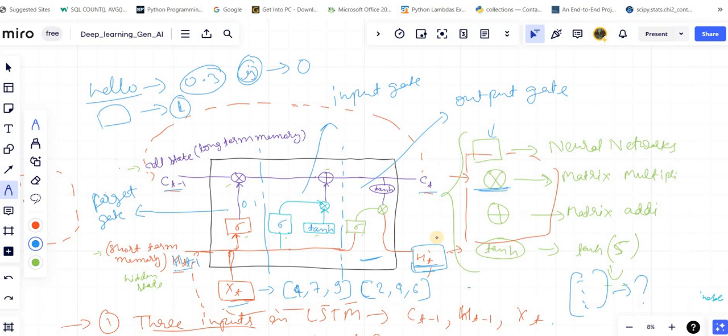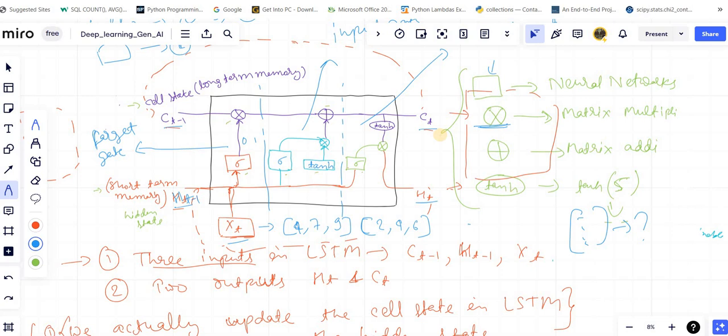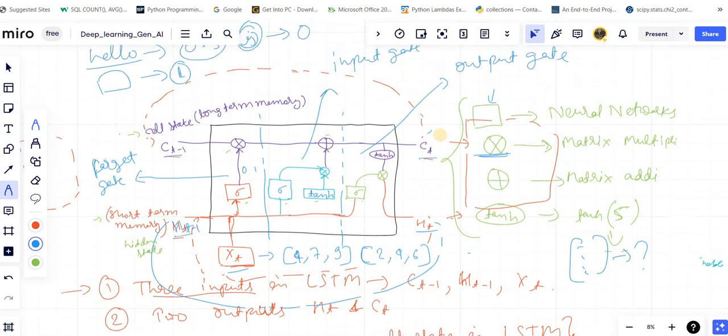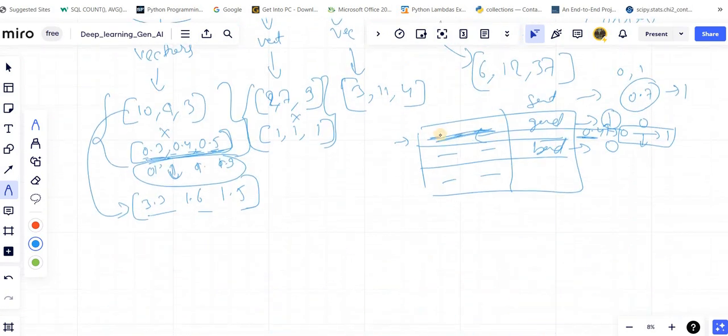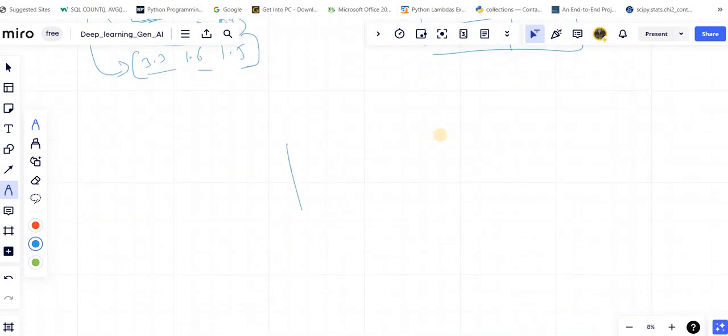How will this become the output? I said just before, that what you are seeing here will become the input for this. That's why here it is ht minus 1 and here ct minus 1. I think you are not able to connect the dots.